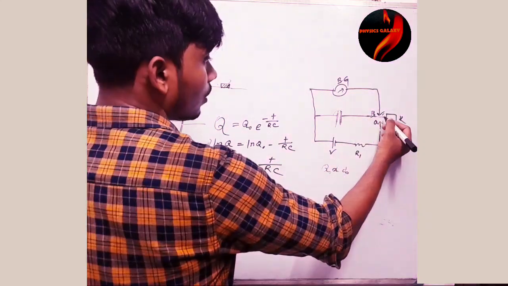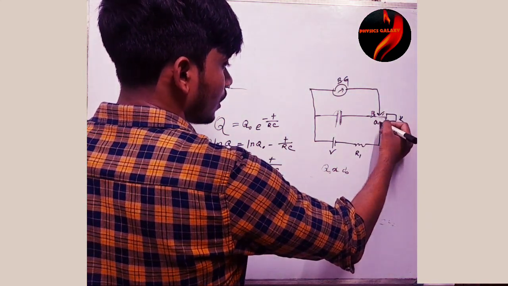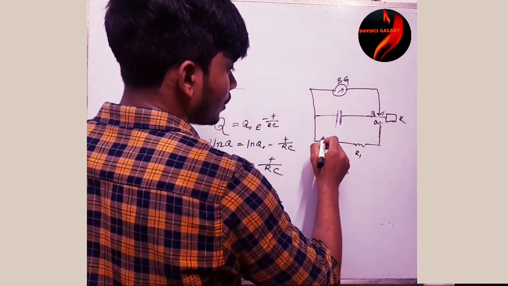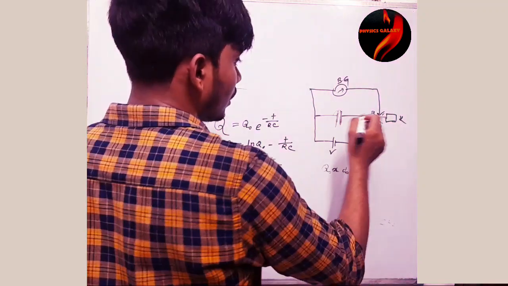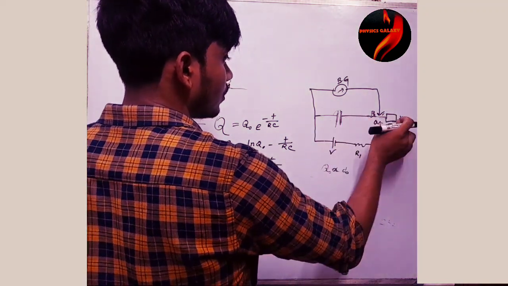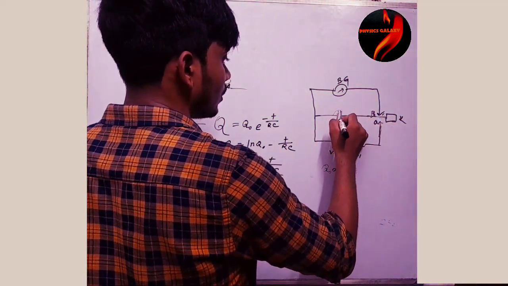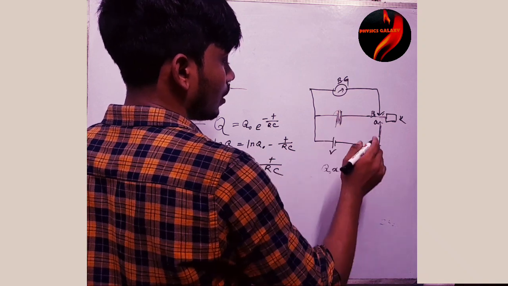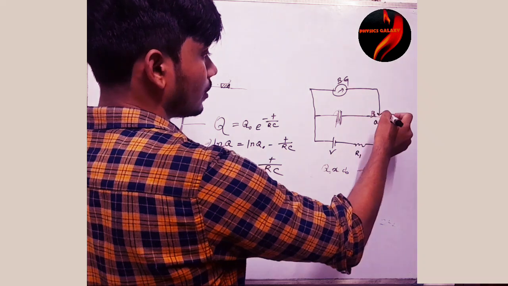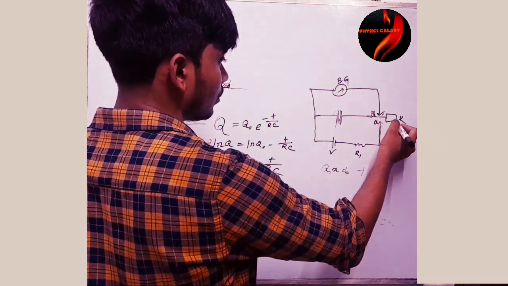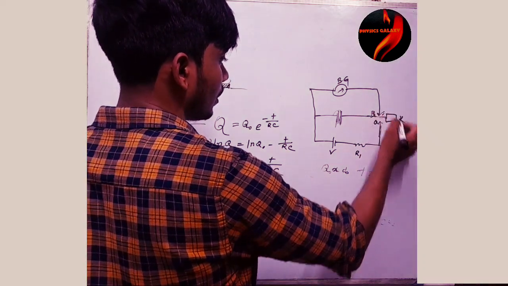Then again we connect the key at the terminal A and charge the capacitor for 5 minutes, and then the key remains open for t equals 10 seconds, and after t seconds we connect the key at the B terminal.